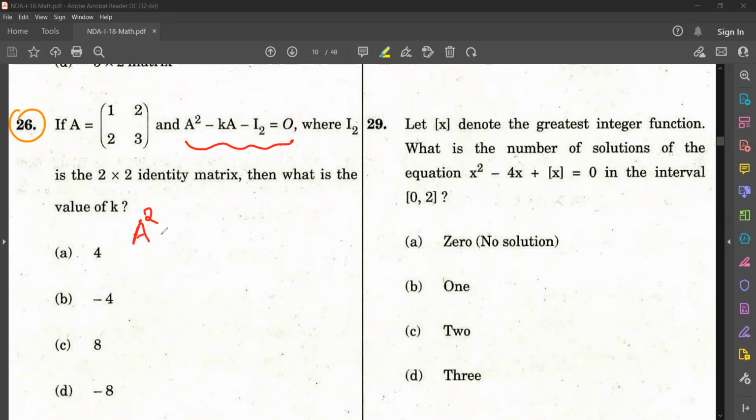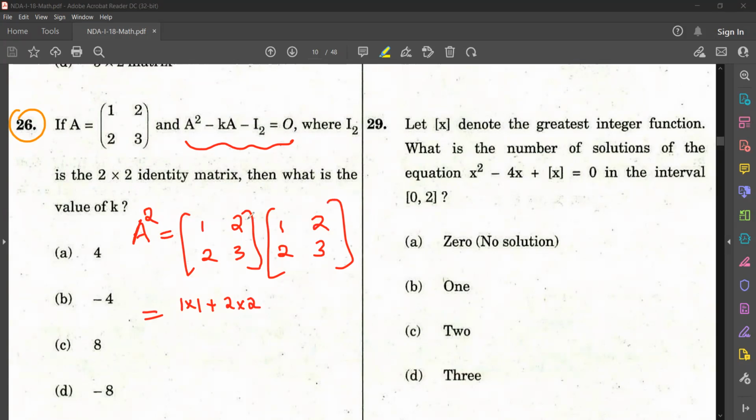So first of all, find out A square. A square means A into A. All of you know how to find the product, right?